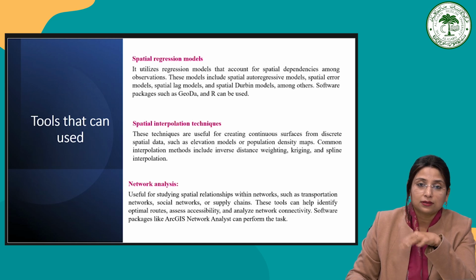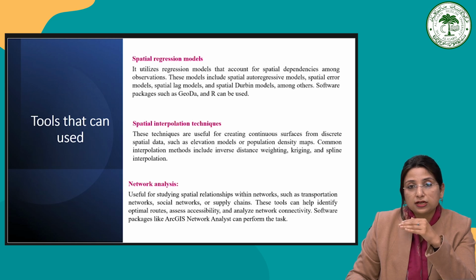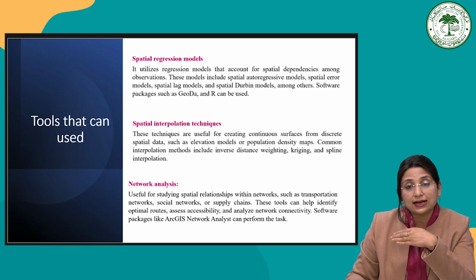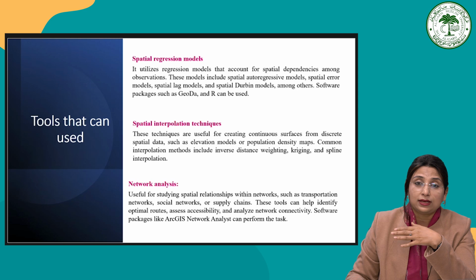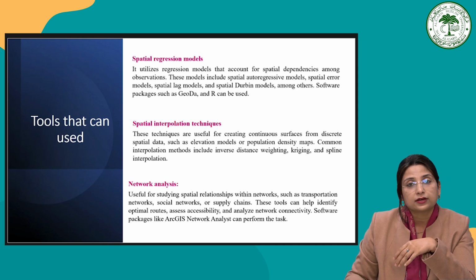These tools help us identify optimal routes, the shortest route, or traffic-free routes, and we can assess accessibility and analyze network connectivity. So we can do a lot from network analysis.